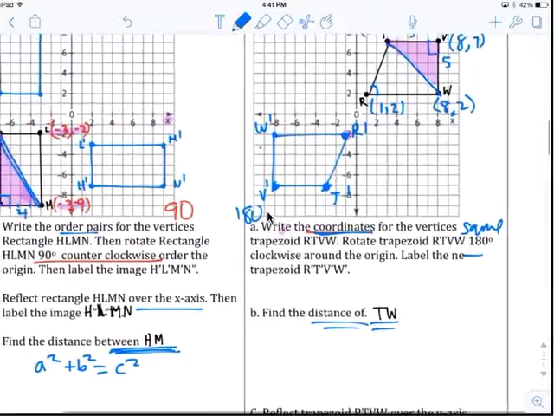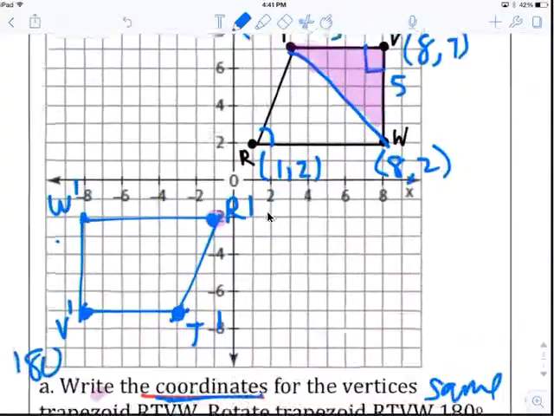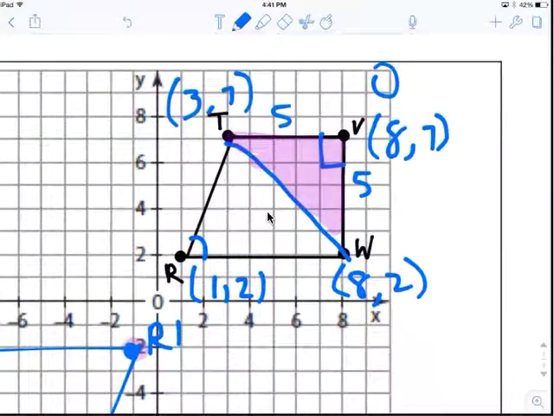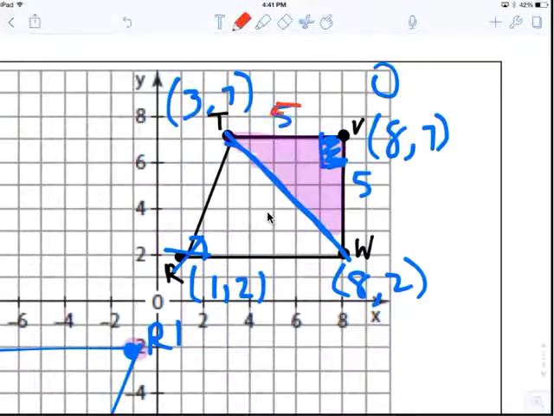Find the distance of WT. I did this in one class, how you find this distance. It's using Pythagorean theorem, but you need to use the sides with the 90-degree angle, not this side because it doesn't. So we count this, it's 5 to 5.